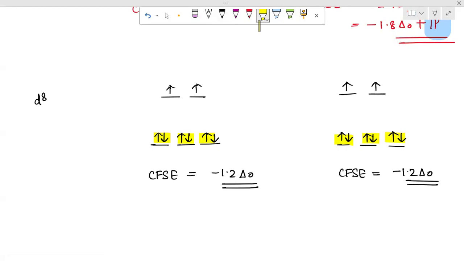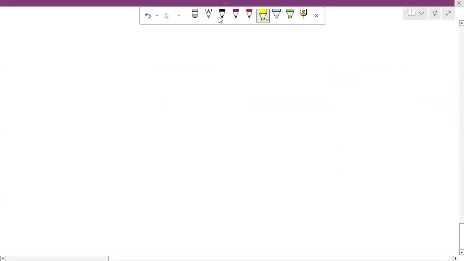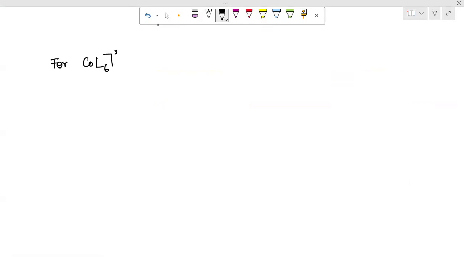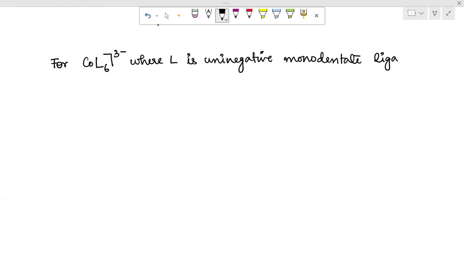Okay, so let's do a question and then we'll wind up the session. Note down the question. For cobalt L6 3 minus, where L is a uninegative monodentate ligand, see the info which is given.